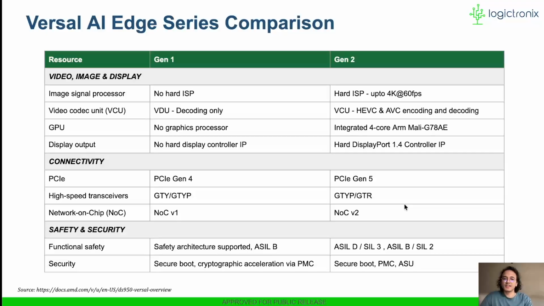On the functional safety side, previously only ASIL B rating was available for a few of the components in Gen 1. In Gen 2, this has been upgraded to support ASIL D, SIL 3, ASIL B, SIL 2 for different components. Some of the components support up to ASIL D, while some are rated till ASIL B. On the security side, as previously mentioned, the application security unit has been added.